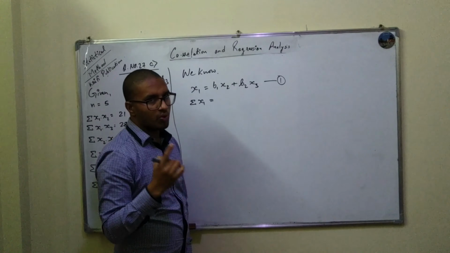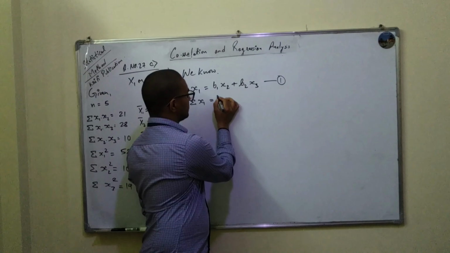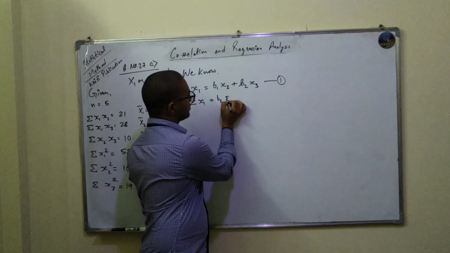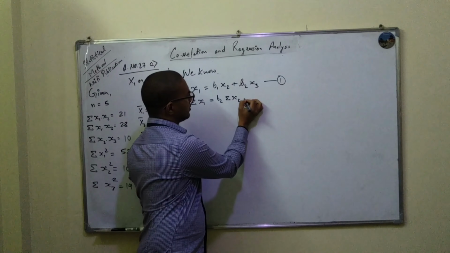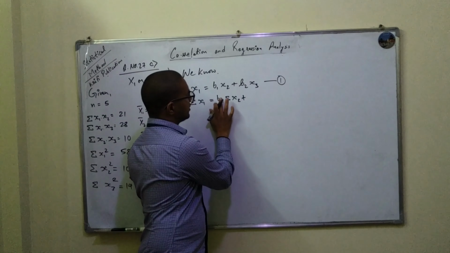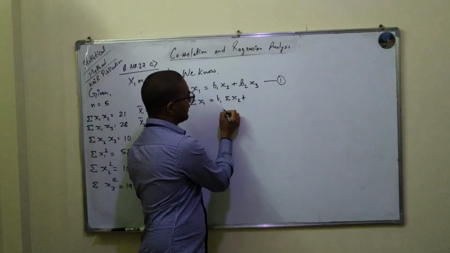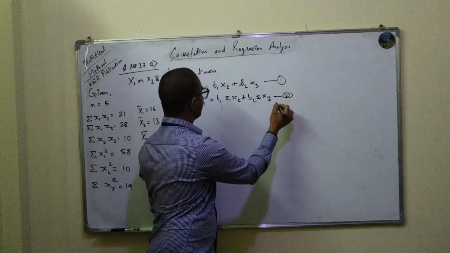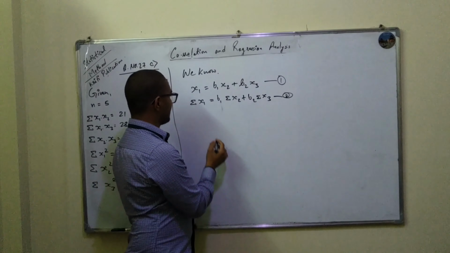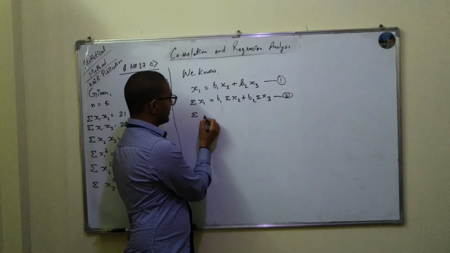Summation x1 y is equal to b1 summation x1 square plus b2 summation x1 x2. This is our second equation, and then again we multiply it with x2, right?